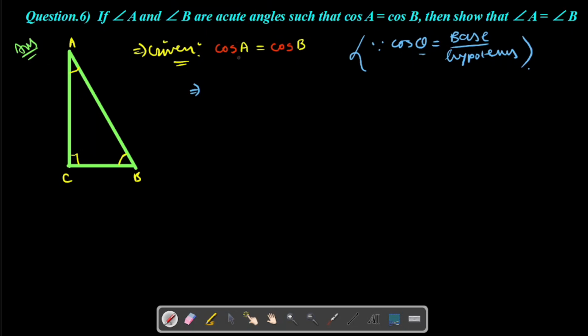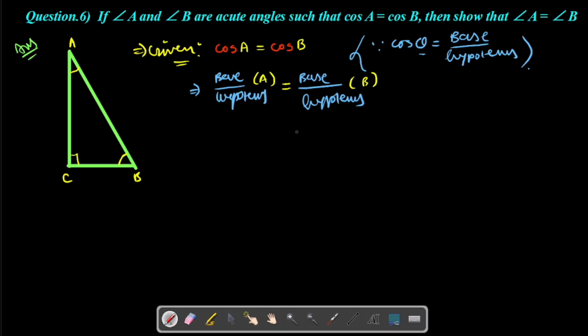So cos A means base upon hypotenuse for angle A is equal to base upon hypotenuse for angle B. Here we have two different angles, so we have two different bases.